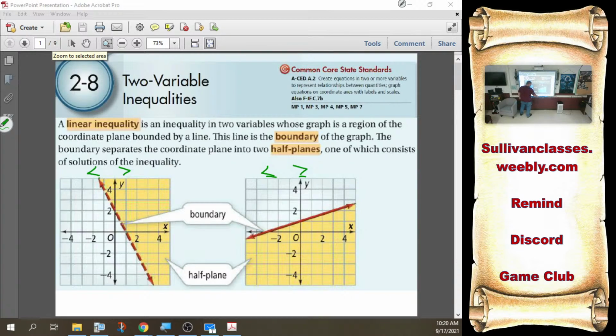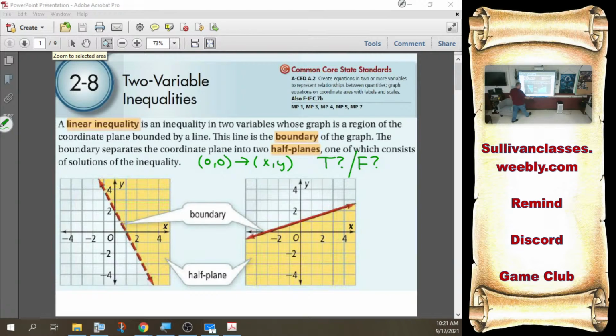There are ways to determine which direction you're going to shade. Option 1, plug 0, 0 in for your x and y. And then ask yourself, is it true or false? Okay? If I plug in 0, 0 and it gives me a true statement, then that means 0, 0 is a solution.